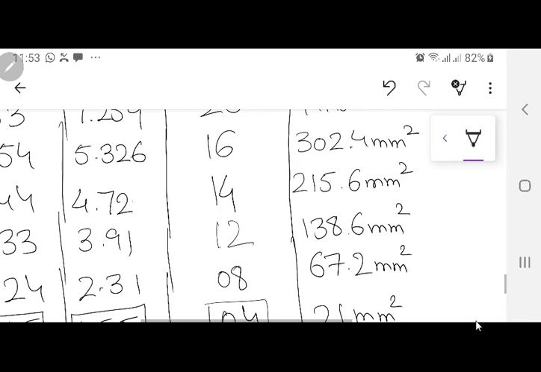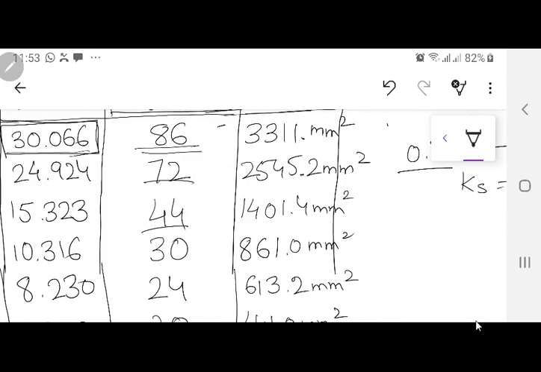3311 plus 2545.2, 1401.4 and all these steps. Add these together.